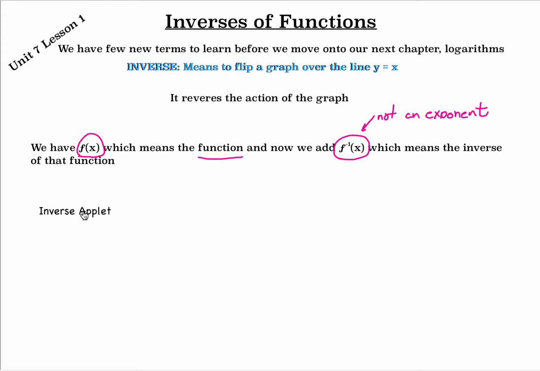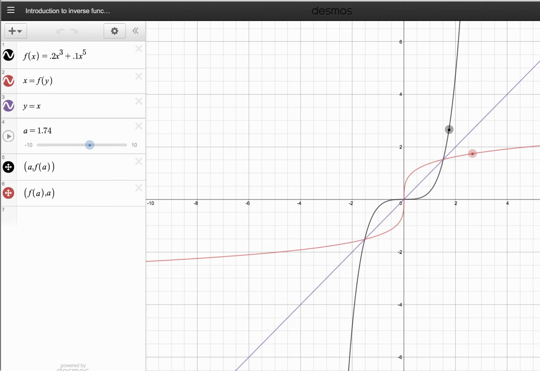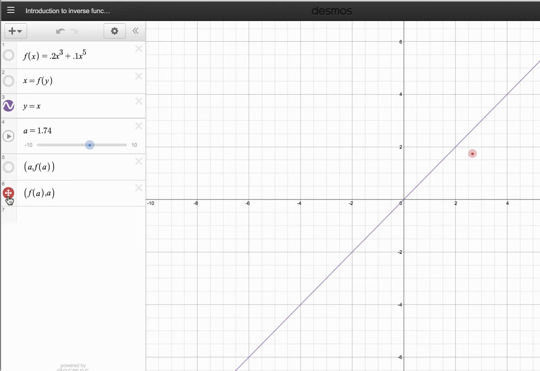So to look at what an inverse looks like, we're going to go to Desmos, and they have a lovely little inverse applet. All right, so over here, I'm going to turn some things off for you first. There's the line y equals x. And now I'm going to make up a little cubic.